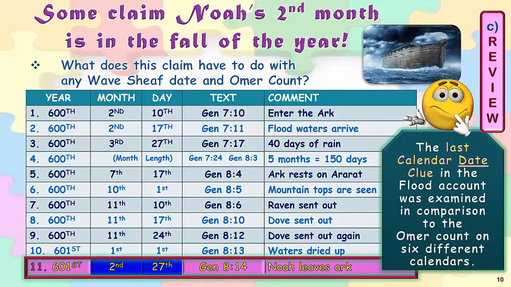The last calendar date clue in the flood account was examined in comparison to the Omer count on 6 different calendars. Now we have marked the blue boxes, the second month and the 27th day. Why are those marked? I'm not going to tell you. Not yet. It's coming up.